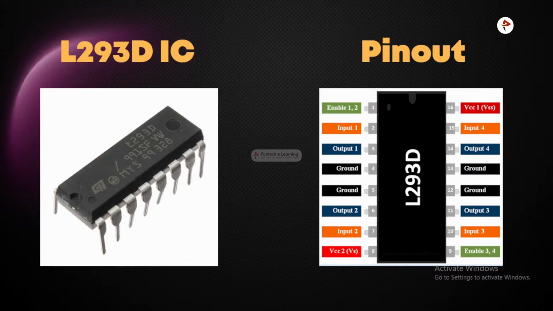Each channel on the IC can deliver up to 600 mA to the DC motor. However, the amount of current supplied to the motor depends on the system's power supply. And then coming to direction control pins, there is nothing but input pins, input 1, 2, 3 and 4. By using these direction control pins, you can control whether the motor rotates forward or backward.